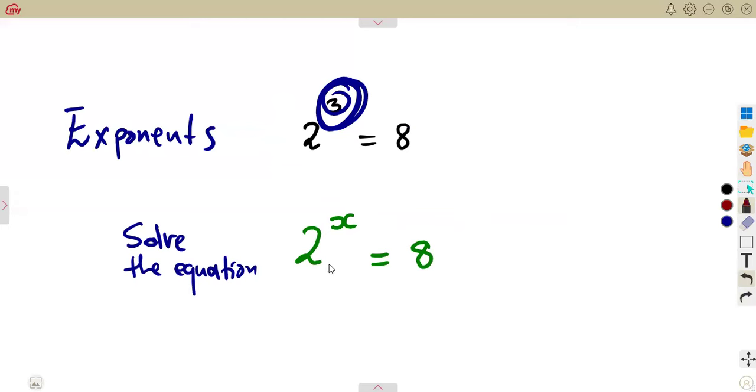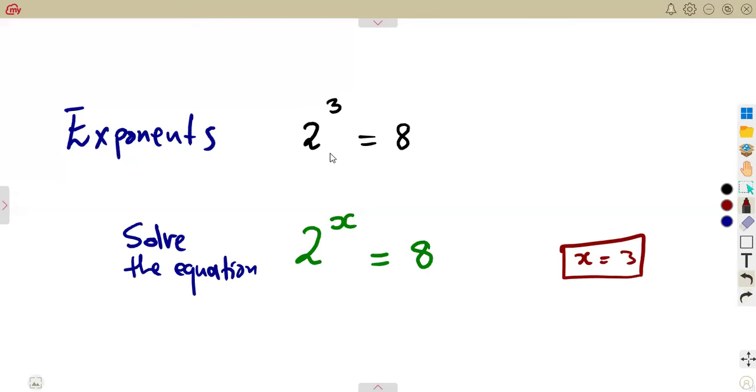So if you know that, you can see which number I need here, which power I'm going to put here, so that I obtain this 8. That's a 3. So our x is supposed to be 3 for this equation to be true.